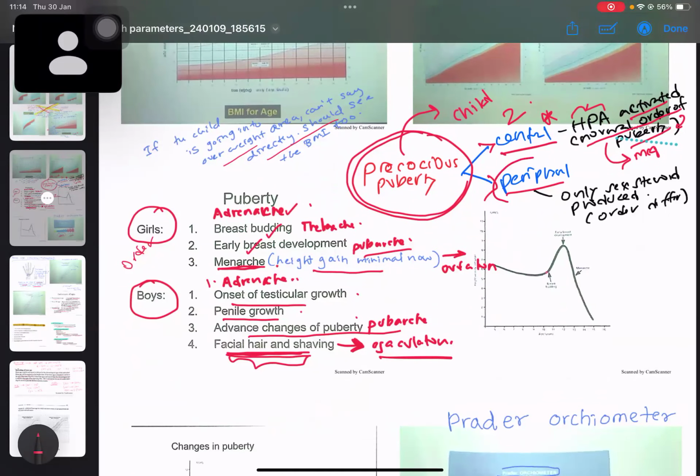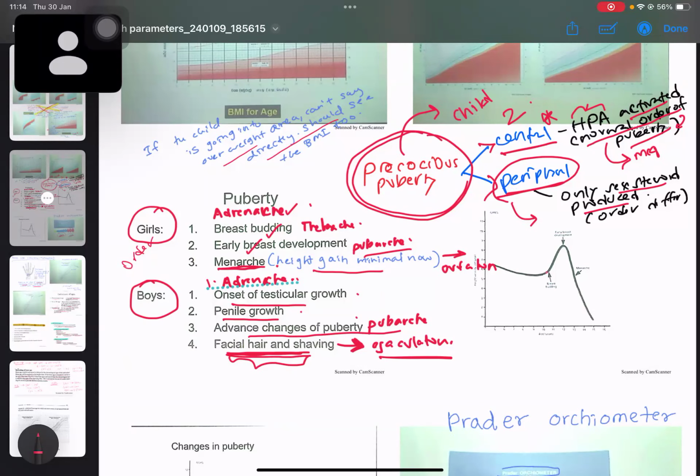But peripheral precocious puberty occurs only due to excess sex steroid production. It's not due to stimulation by the hypothalamo-pituitary axis, only due to sex steroid overproduction. There can be sex steroid secreting tumors like that. There will be sex steroid overproduction, but the hypothalamo-pituitary axis won't be activated.